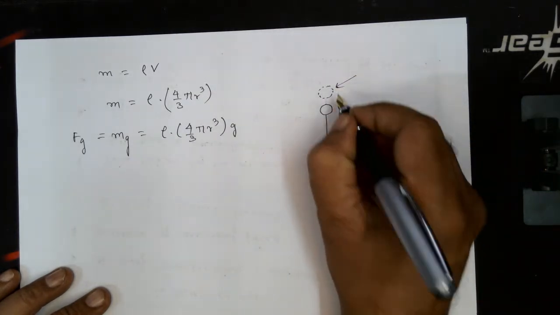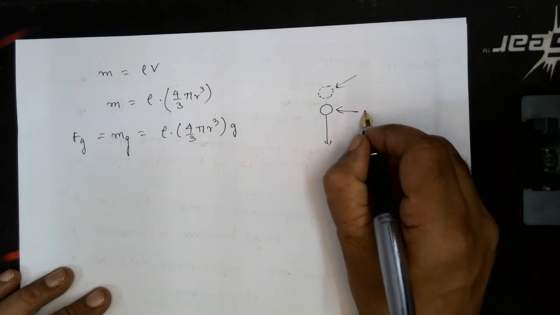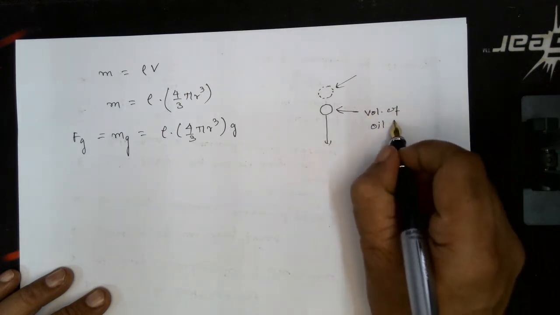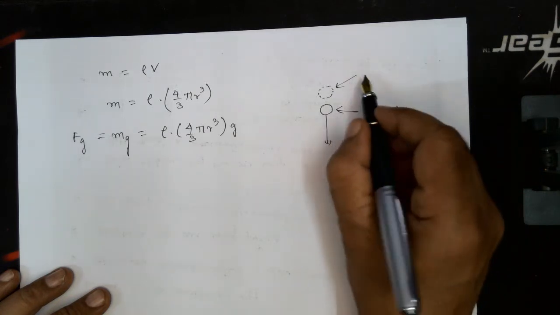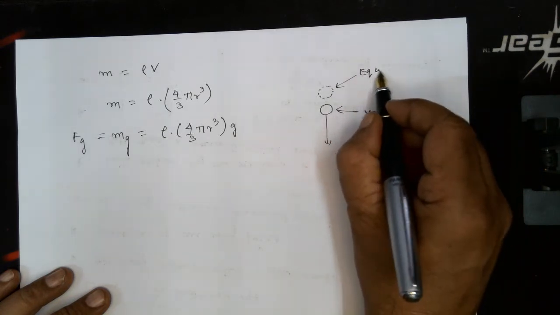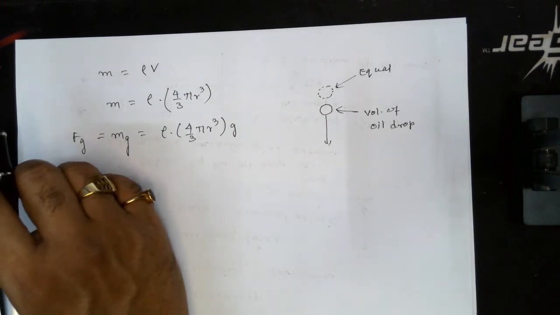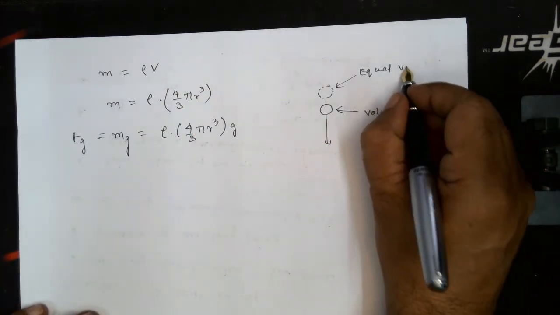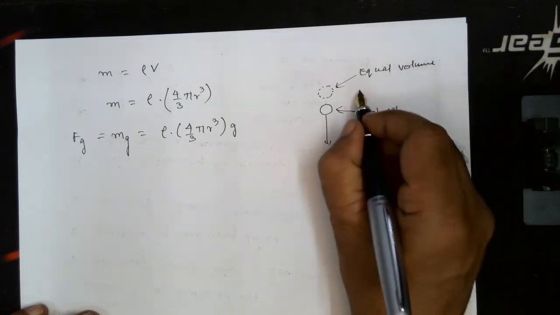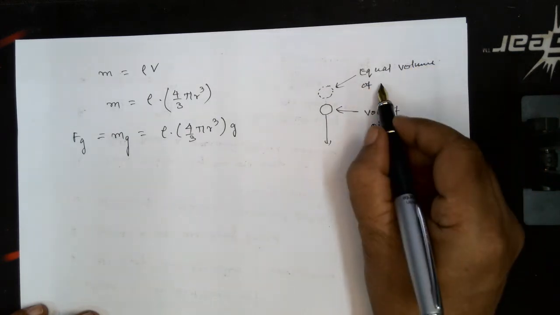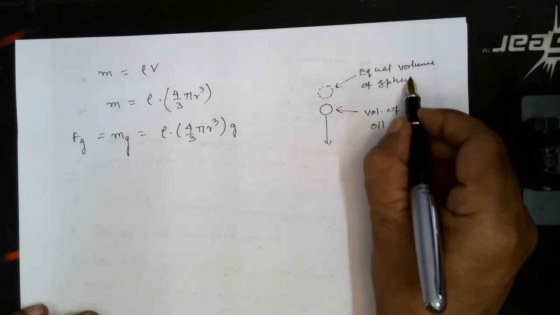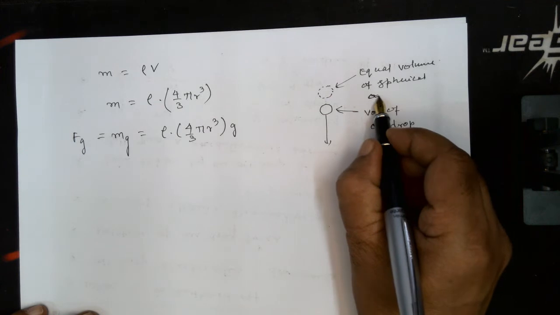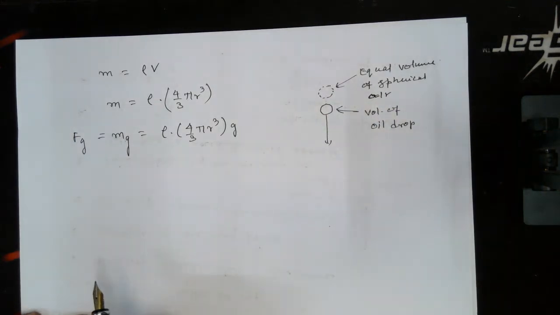So this is the volume of the oil drop, and this is the equal volume of air.